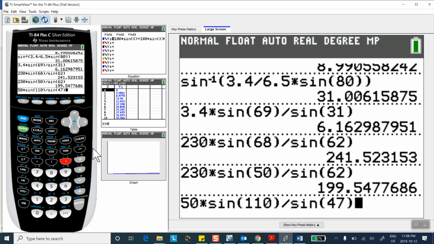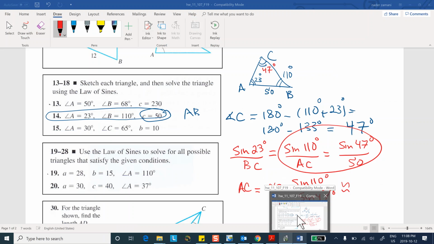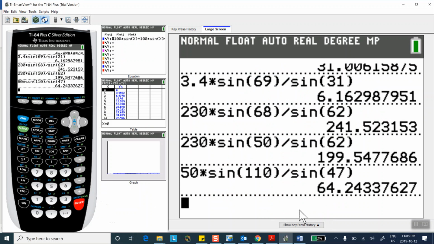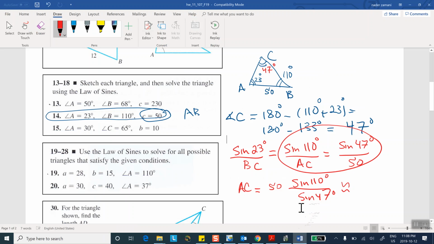I think that was the number. 110 over 47, is that correct? Yes, that's correct. Hit enter, and that's 64.24. This is approximately 64.24.